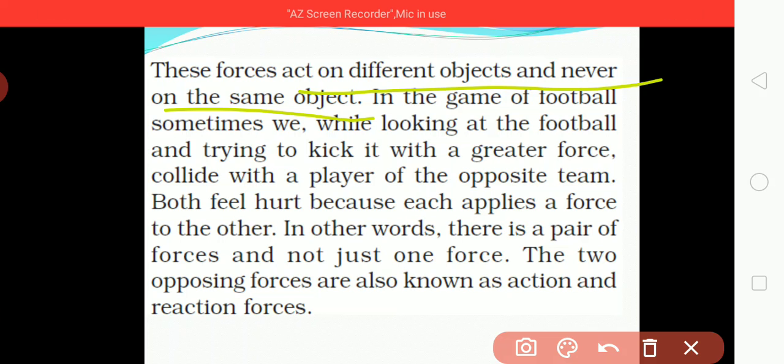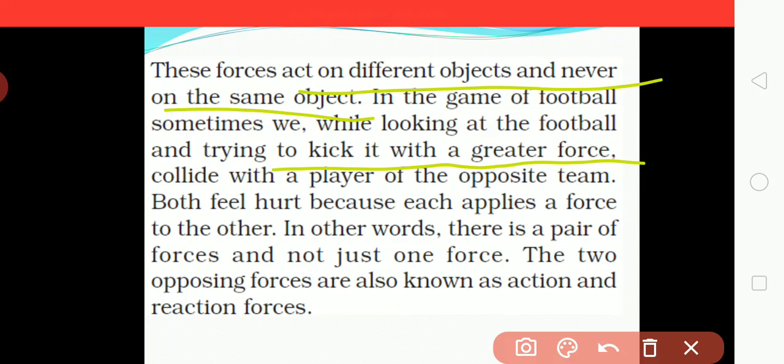In the game of football, sometimes while looking at a football and trying to kick it with a greater force, what will be seen? The player collides with a player of the opposite team, and both feel hurt because each applies a force to the other. Why?